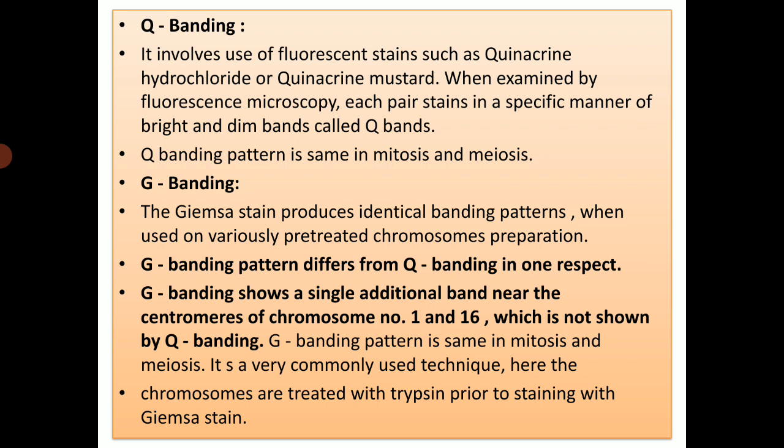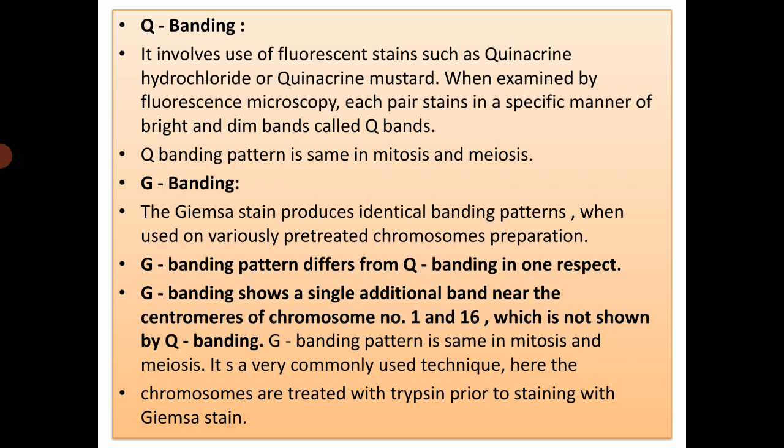Now, another technique, that is the G banding technique, which is mostly used for staining of chromosomes. And the name is only because of the Giemsa stain we use. The Giemsa stain procedures produce identical banding patterns when used on variously pre-treated chromosome preparations.